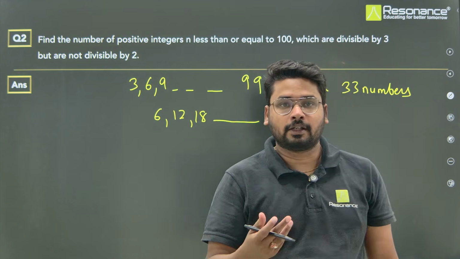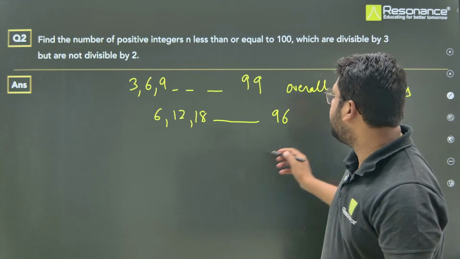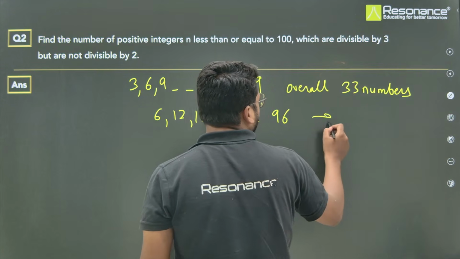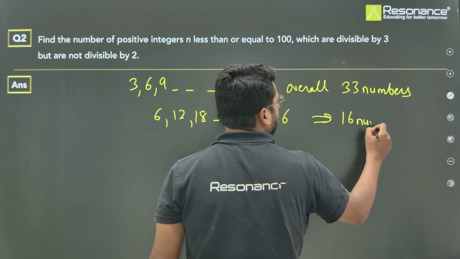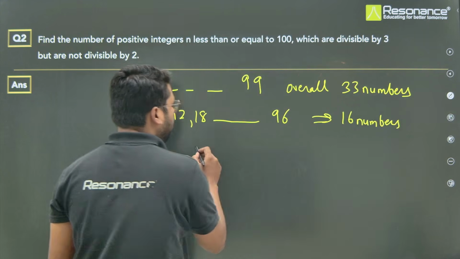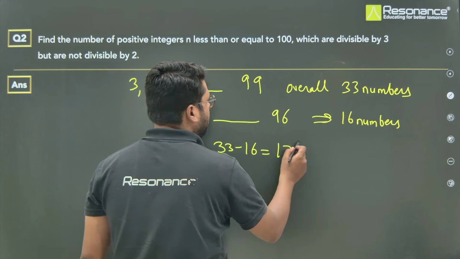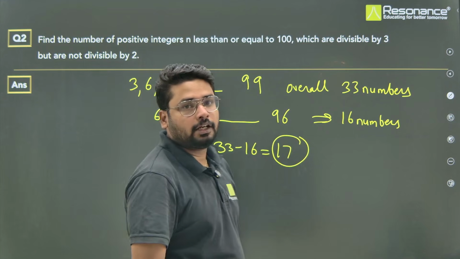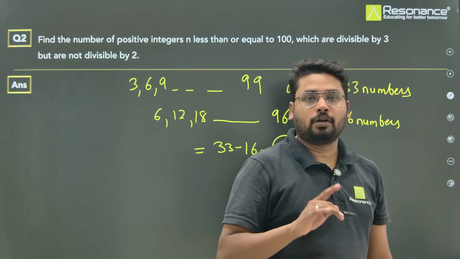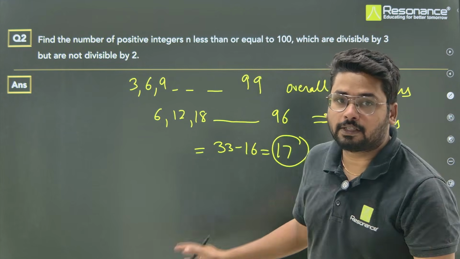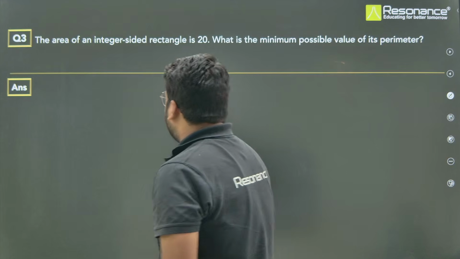The next number is greater than 100. So these are 16 numbers. Finally we are left with 33 minus 16, that is 17. So 17 numbers are divisible by 3 but not divisible by 2. So the answer is 17.